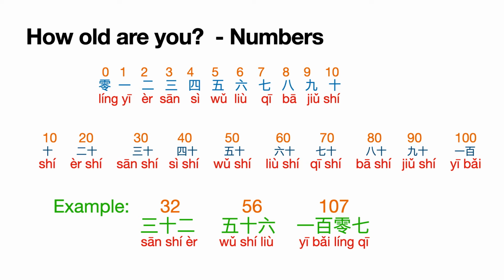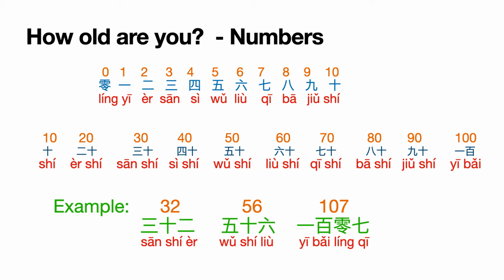Of course, 100 is a bit different. Because it's 100, a 1, you just say 一, and 100 in Chinese is called 百. 一百, 100.